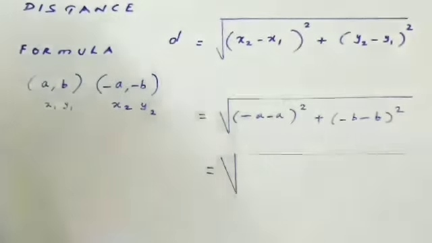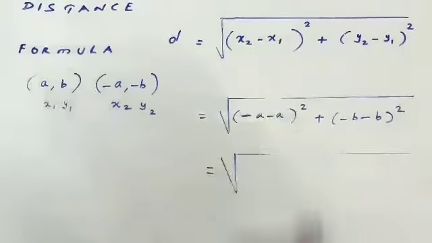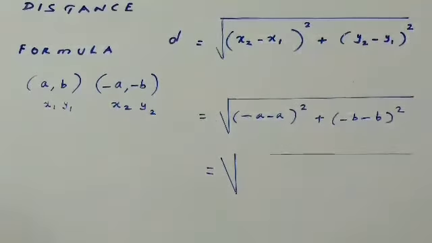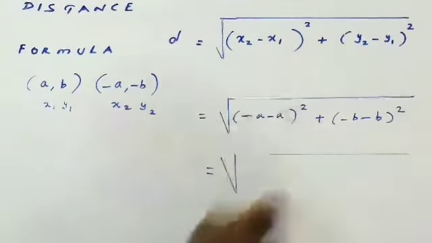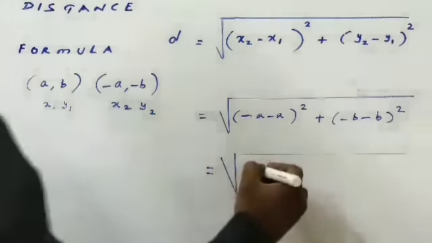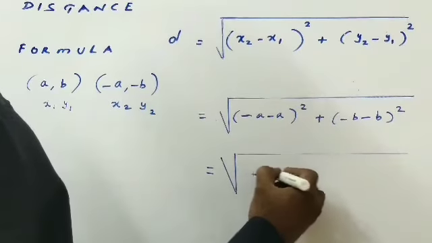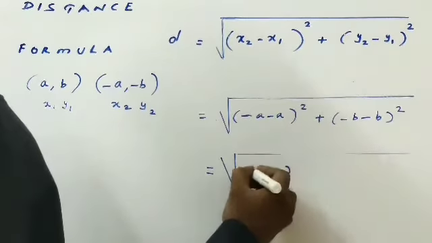The whole square. Minus a, minus a, both have the same symbol, so we need to add these two: minus 2a, the whole square.